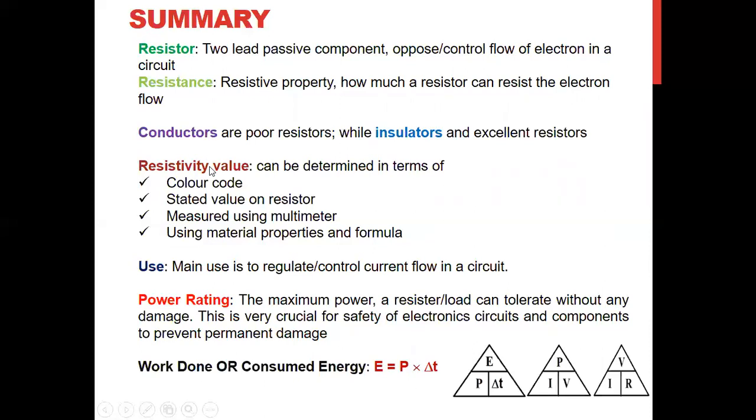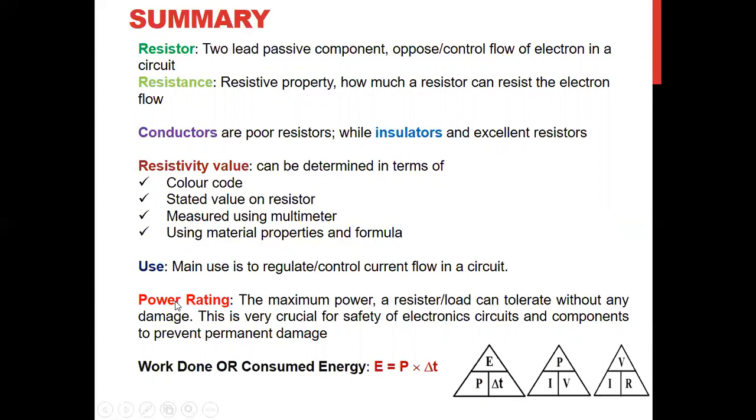How can we measure the resistance value? Using the color code, if written on the resistor, then we can get it directly, or using a multimeter, or using the formula based on the metal characteristics and the metal used.